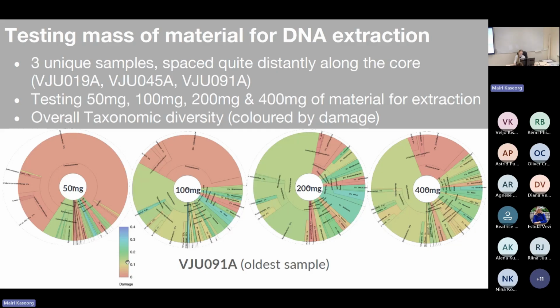And green and blue are more and more damaged, so ancient. And what you can see is the more material we have, the more damaged it is, which doesn't necessarily make a lot of sense right away, but it kind of confirms that more material is better.